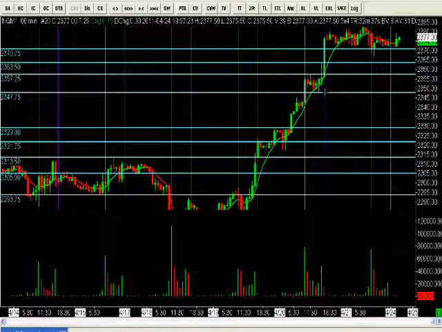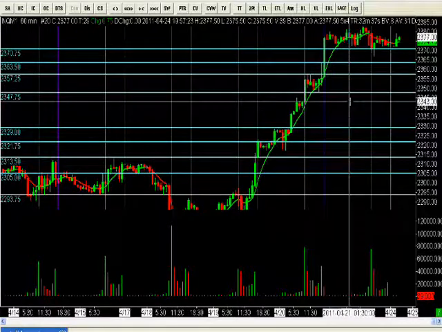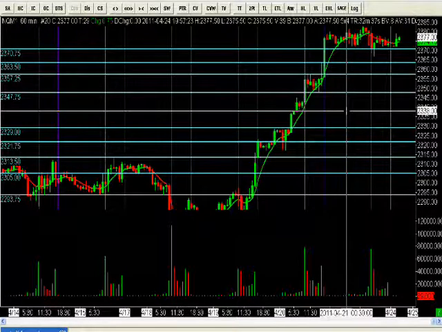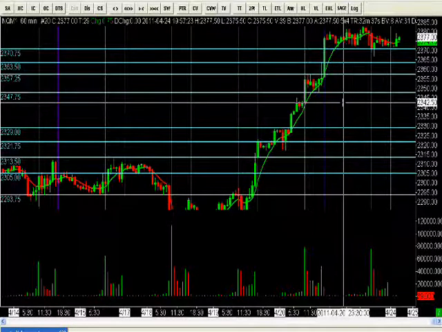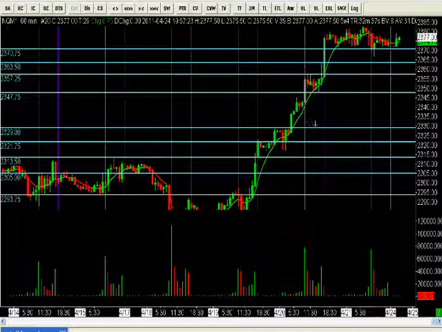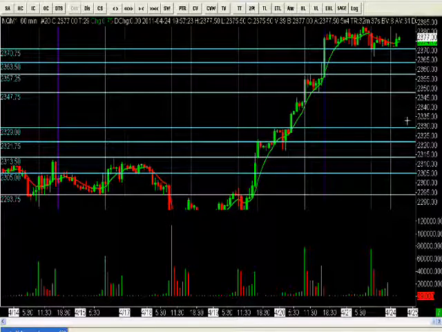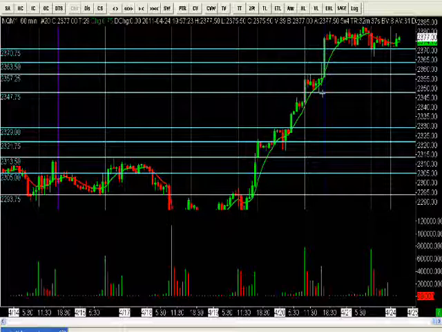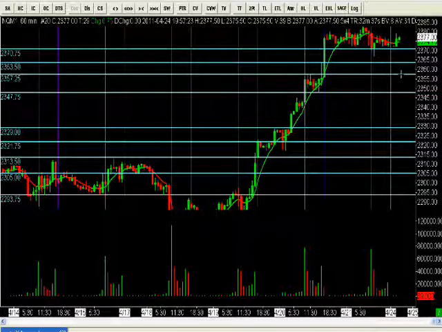If you break this area of support here at 47, then you might have more of a chance of a runner. You have a couple areas here you'd be paying attention to, but again, just look to your left and see whatever price did there. When it gets in that same vicinity as it plots again, that's usually what you can expect as it plots on the right.